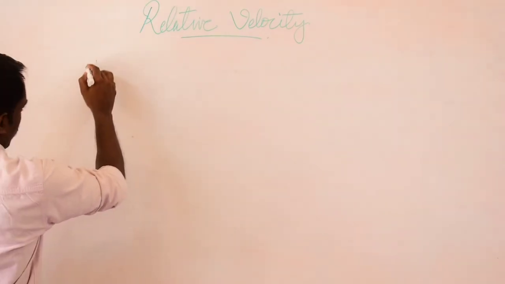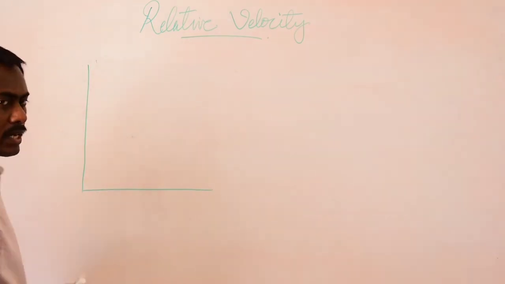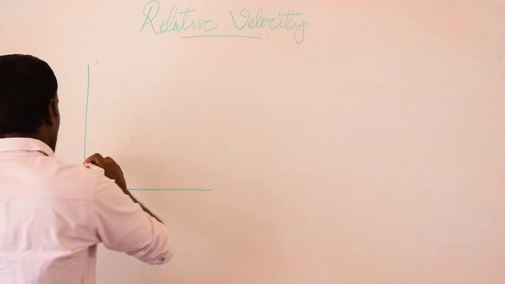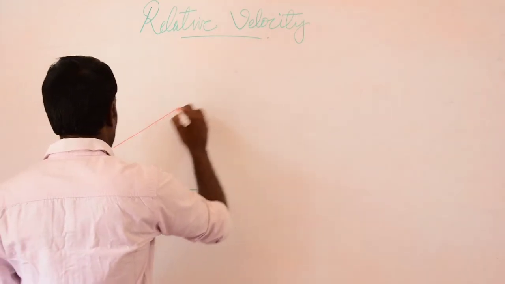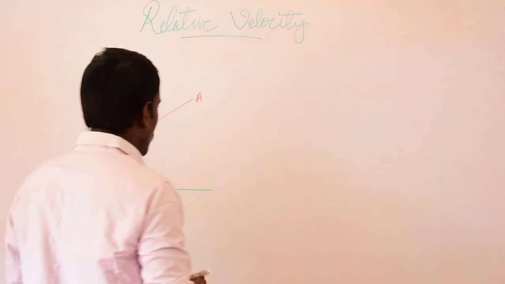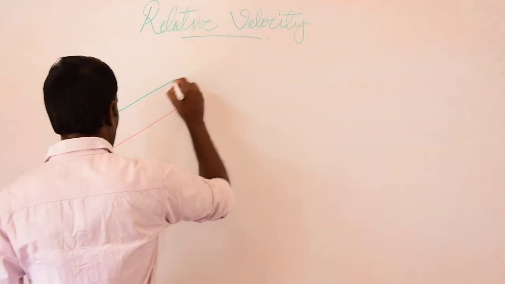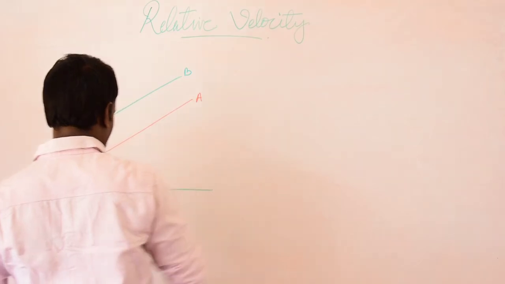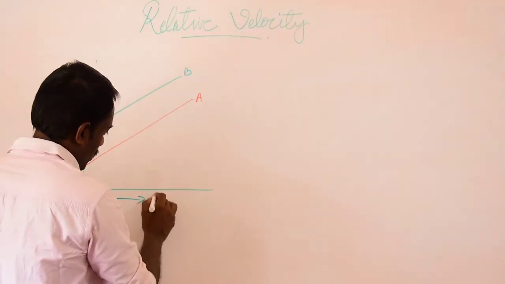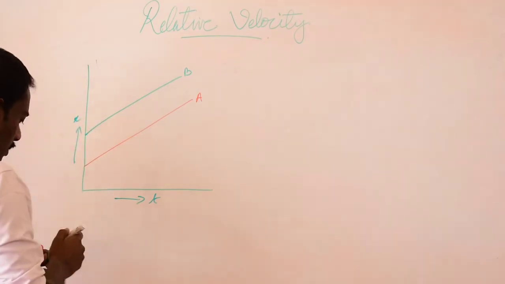For example, when we plot a graph, when both are traveling with the same velocity, this is the graph of vehicle A, and this is the graph of B, with time on one axis and x on the other.